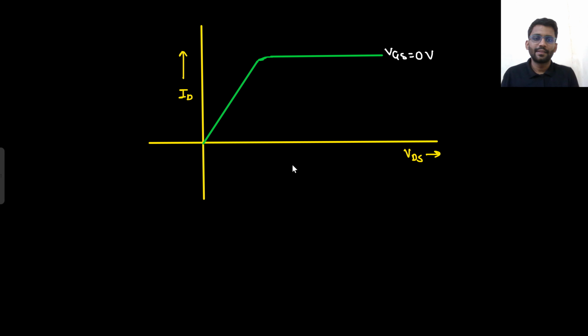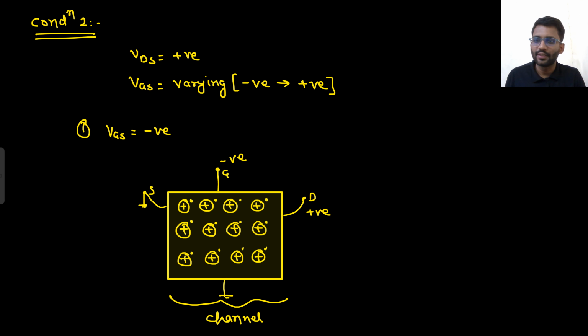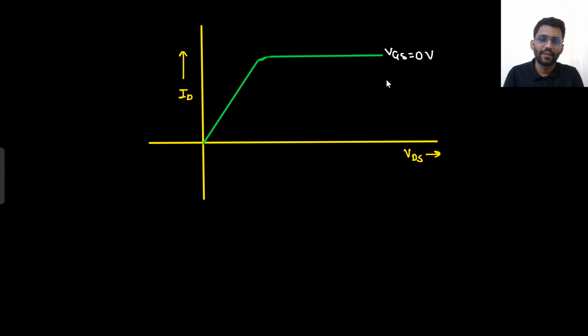But the current increases, but the saturation level I did not explain, no? So here I will explain the saturation level. Here the current will increase, but after a certain value of VDS, the current saturates. So here I will write about the saturation.